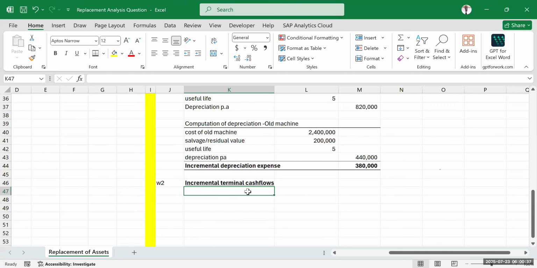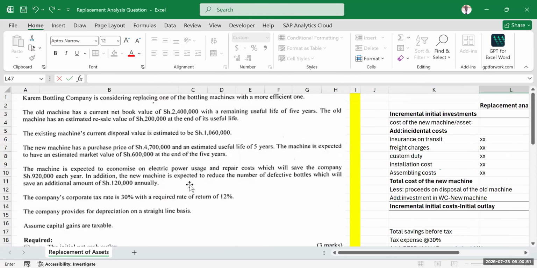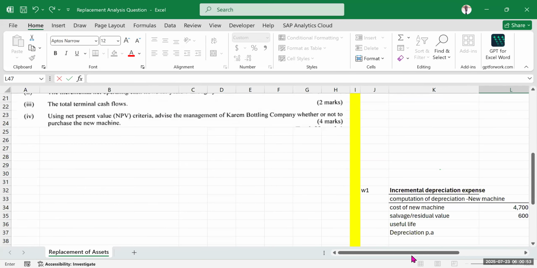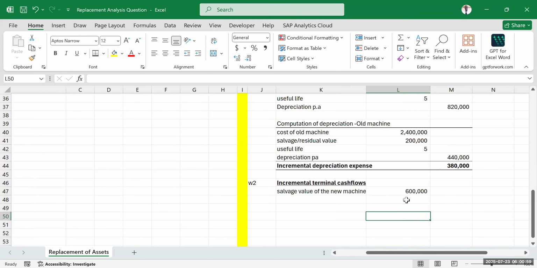There, we just take the simple approach: salvage value of the new machine. How much was it? Let me see very fast. New machine, I see there it is 600,000.